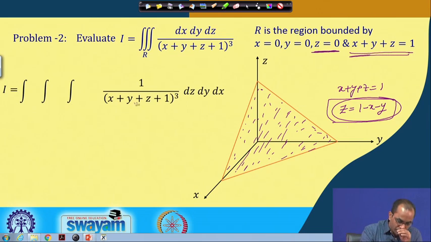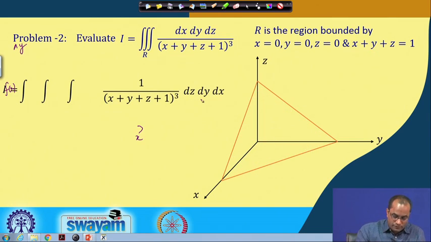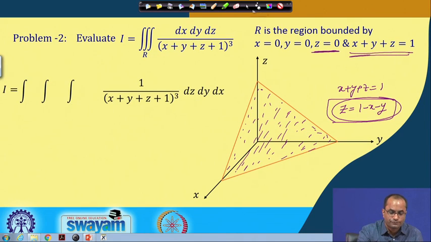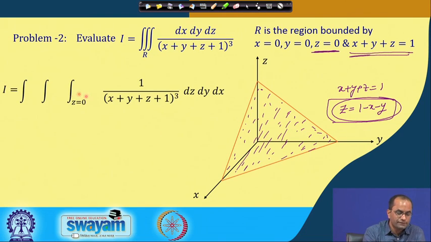So, for the limits of z we have z equal to 0 to z equal to 1 minus x minus y. The limits of z are fixed now. So, now what we have to do is project this onto the xy plane.